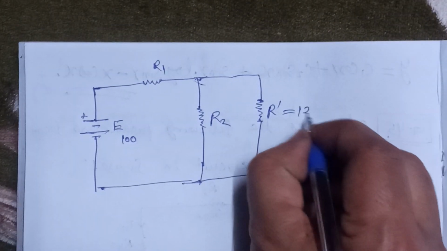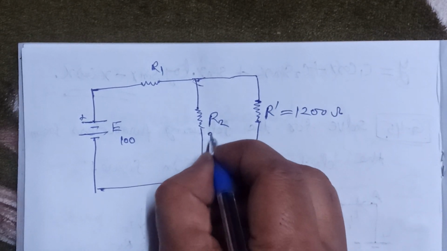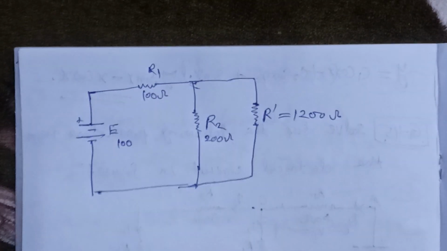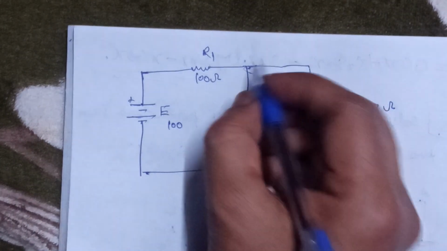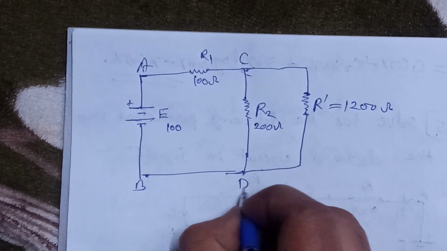R dash value is 1200 ohm. Value of R2 is 200 ohm. R1 is 100 ohm.